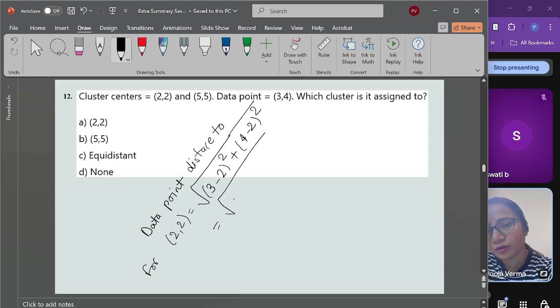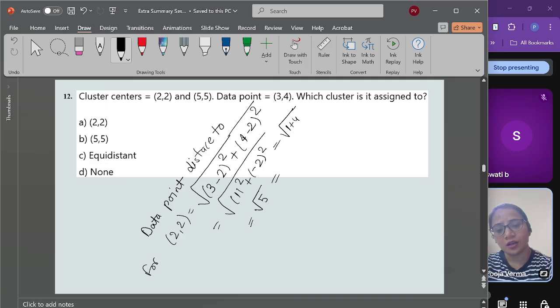So here we will get 1 square plus 0 square. Overall we get 1. So the value you will get is root of 1, which is 1.